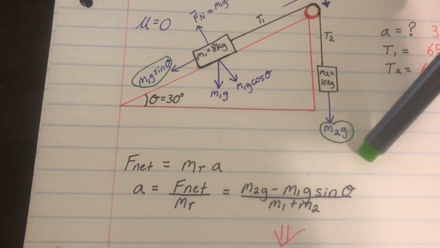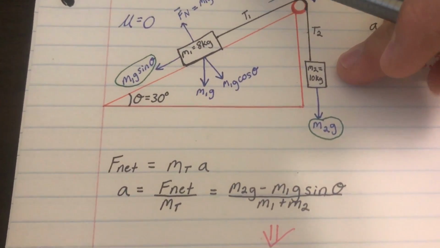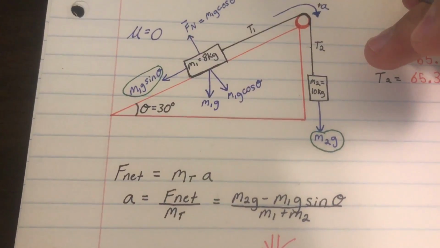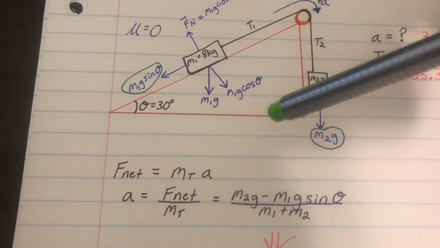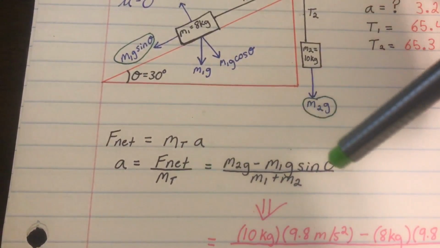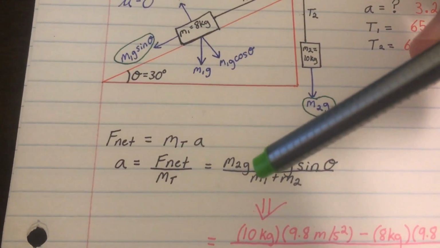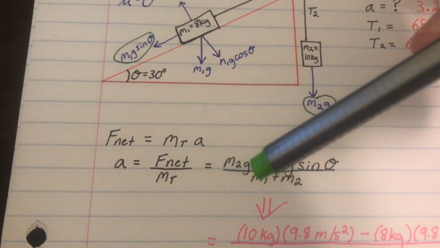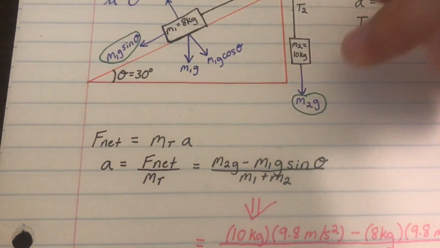So I circled these because these are the net forces on this object. And divided that by the mass 1 plus mass 2.